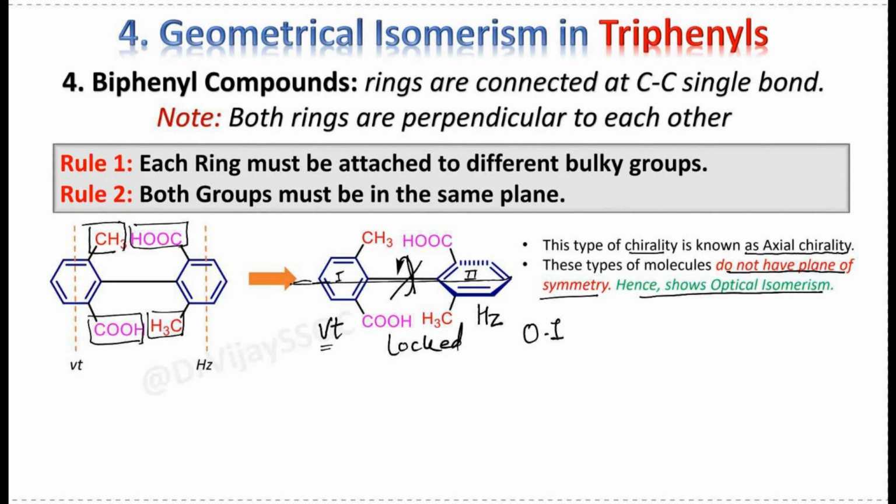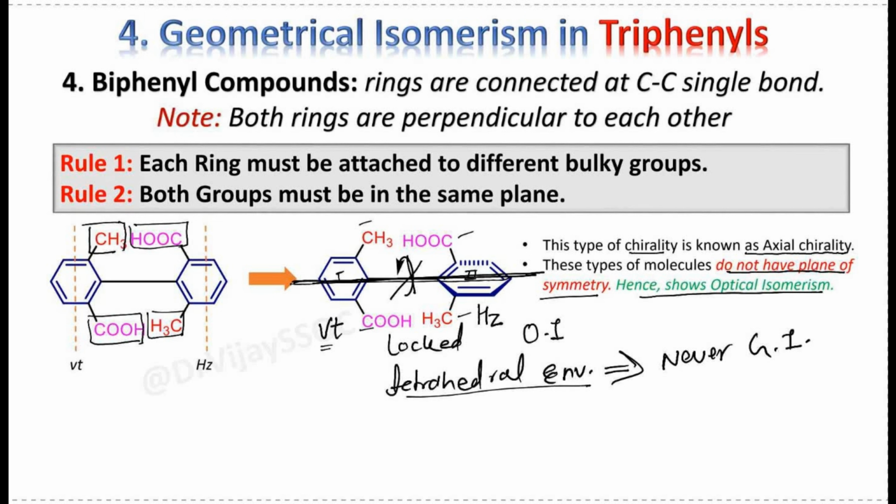It means that around this axis which is passing through the molecule, all these four groups, 1, 2, 3, 4, have a tetrahedral environment. And we learned in the previous part that due to a tetrahedral environment, it will never show geometrical isomerism, but it can show optical isomerism if it has different substituents on each ring.